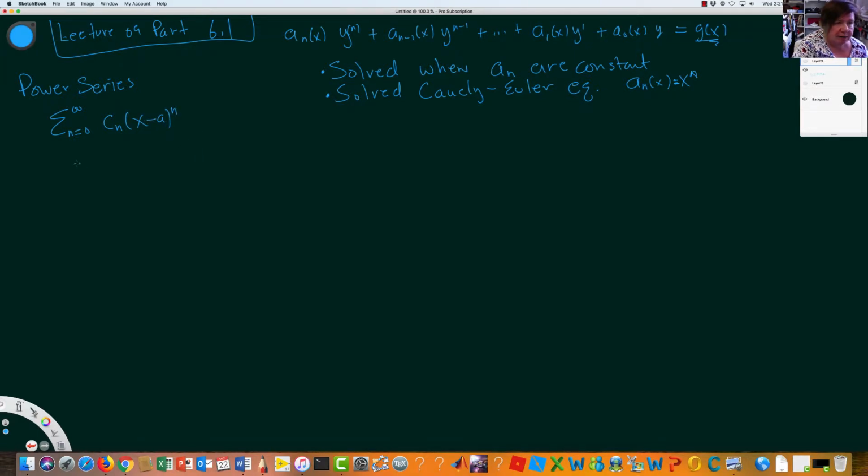If you expanded that out and started doing the sum, you'd get c_0 (x minus a) to the 0, which is just 1, plus c_1 (x minus a) plus c_2 (x minus a) squared plus dot dot dot. And we call the number a the center of the series.